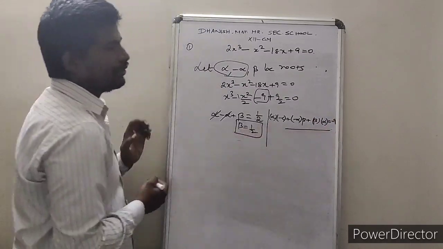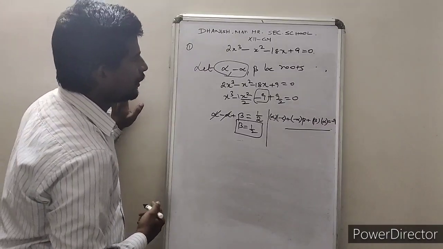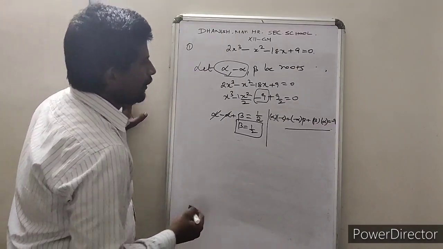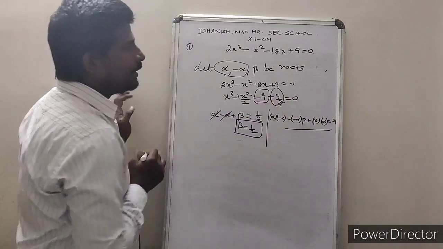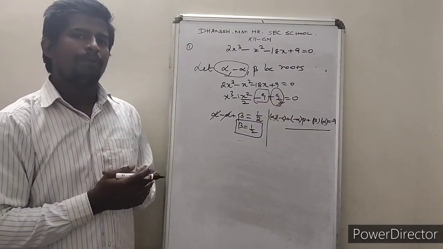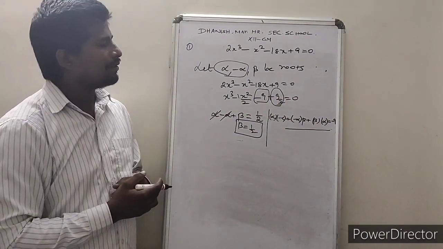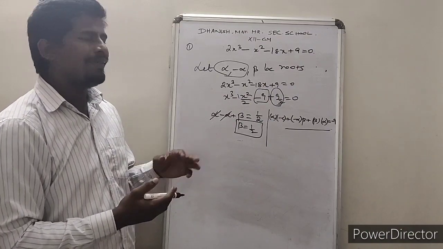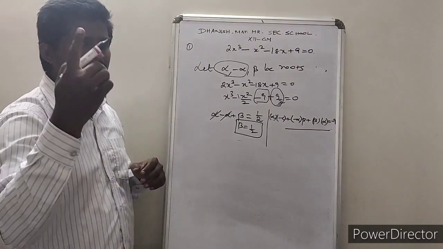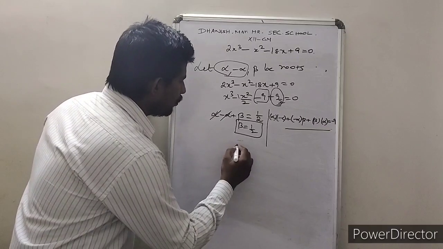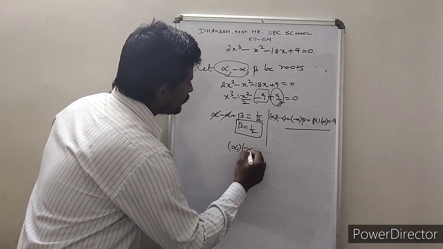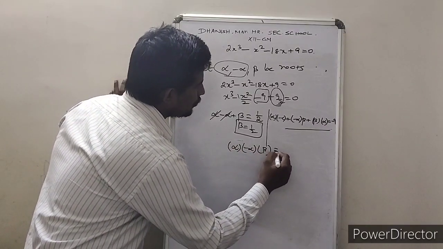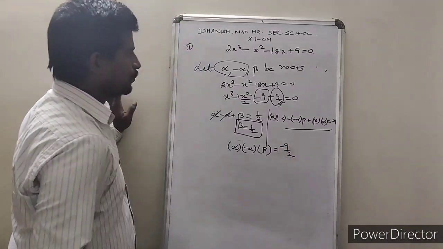If you want, you can use this, otherwise you can omit it. Then the last one: this value is equal to the product of roots taken 3 at a time. But here we have only 3 roots, so there will be only 1 term. So the product of 3 roots equals minus 9 by 2.